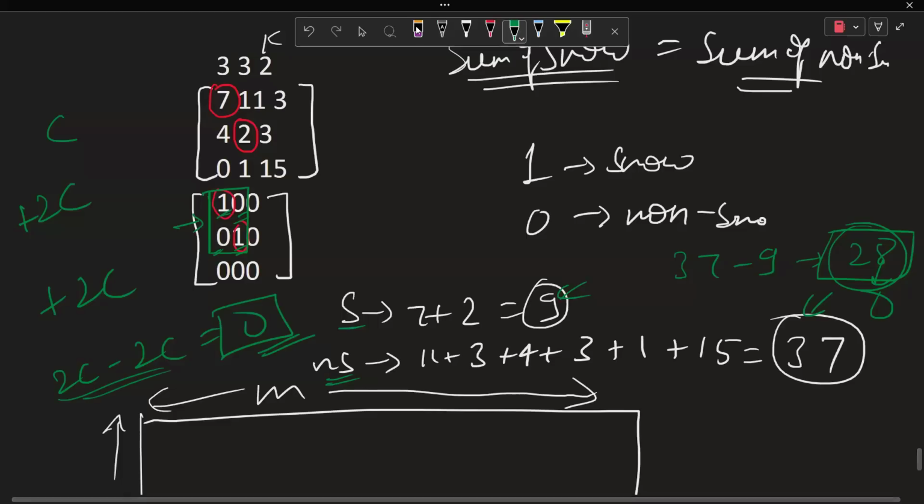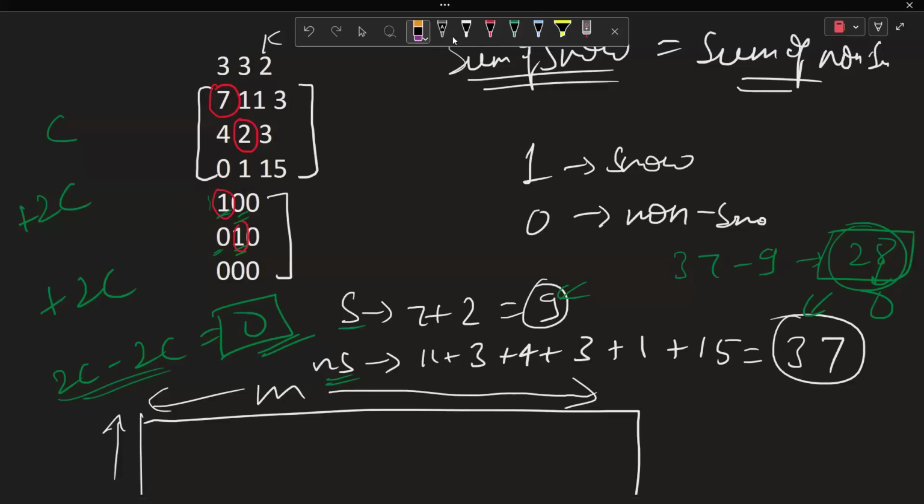Okay. Now let's suppose you selected some other submatrix. Let's suppose you selected this particular submatrix. Now here, what change would you make? Here you can see there is one snowy mountain and there are three non-snowy mountains.